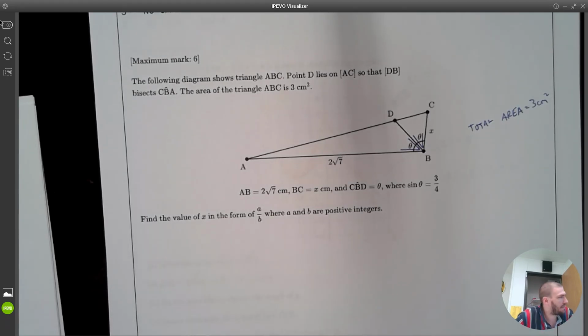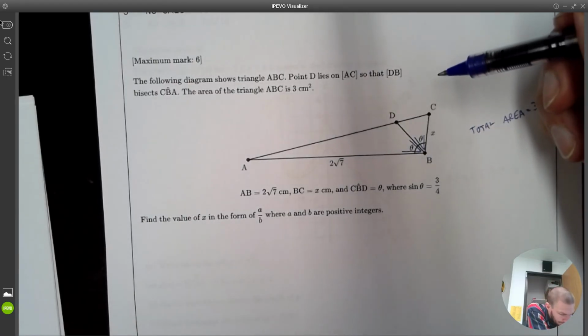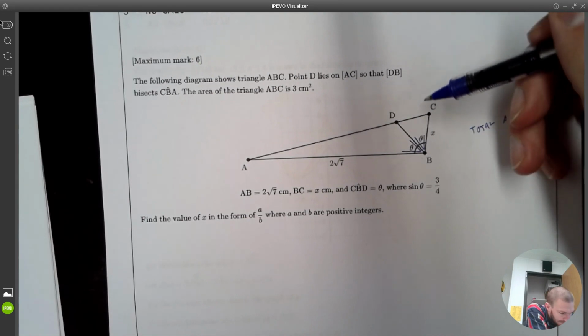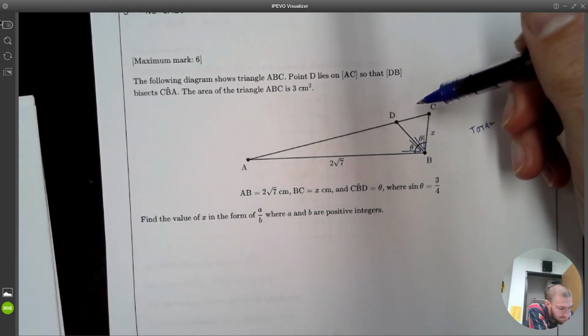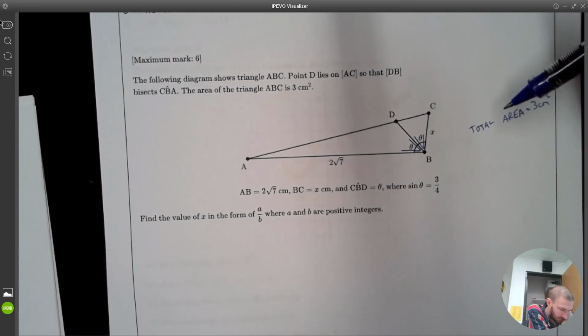Okay, so I'm not allowed a calculator here, so I'm gonna have to do some stuff for sure. What can I get figured out here? I do know the area, so I kind of want to include the area somehow.